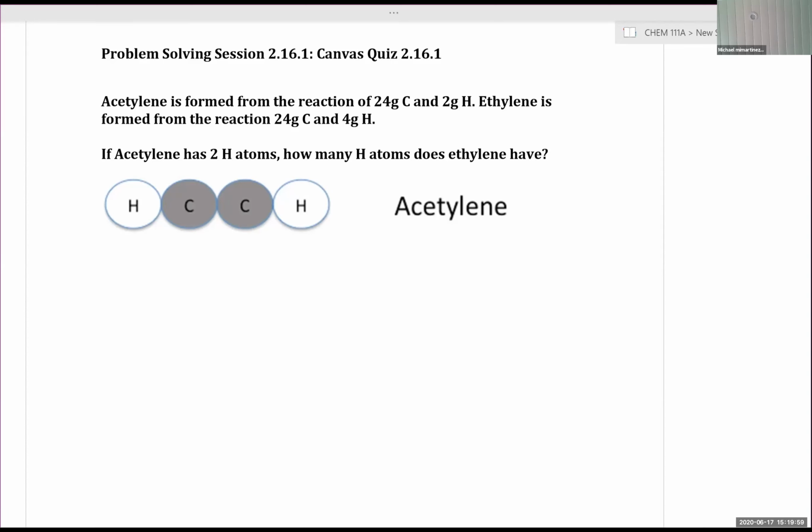Don't be shy to submit your responses in the chat or via the Canvas quiz feature. Let's try to get a few responses before we discuss this next problem.